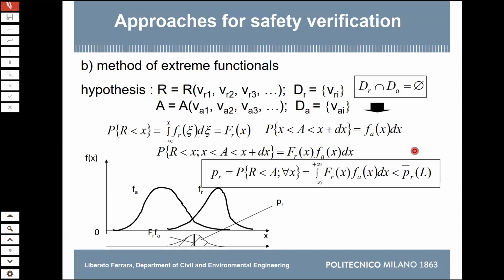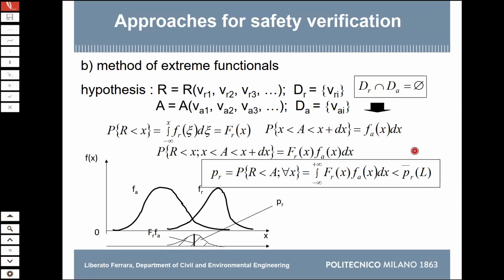Then we have the action. What is the first action that each and any structure has to resist? Self-weight. What does the self-weight depend on? Density and volume. What does volume depend on? Dimensions.